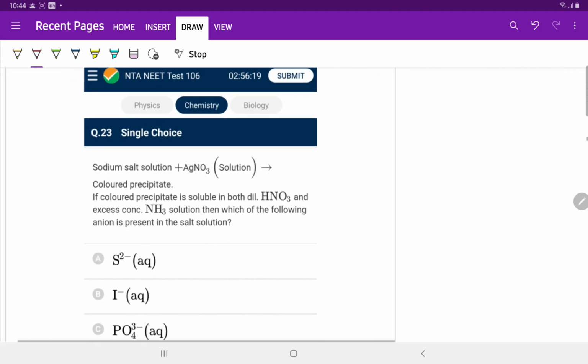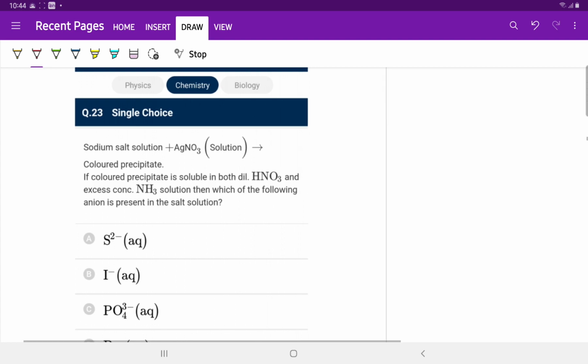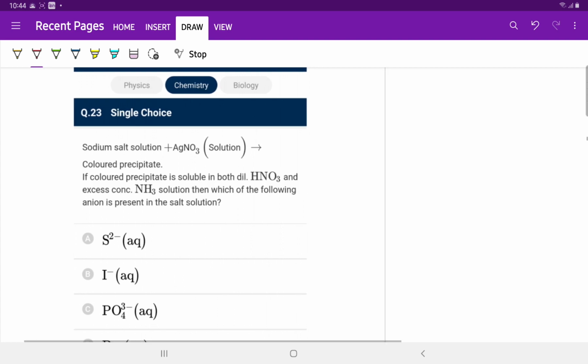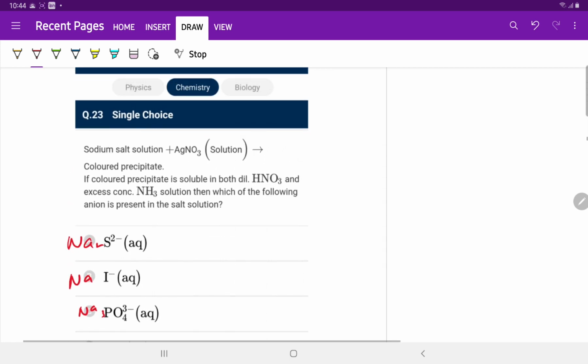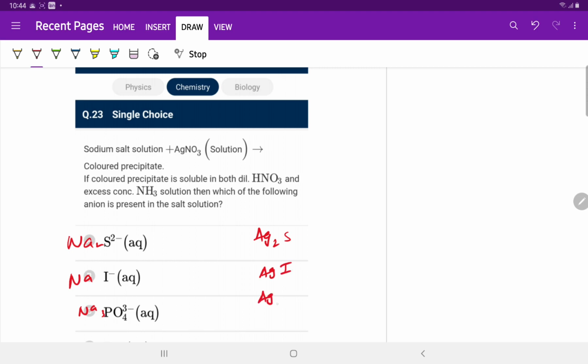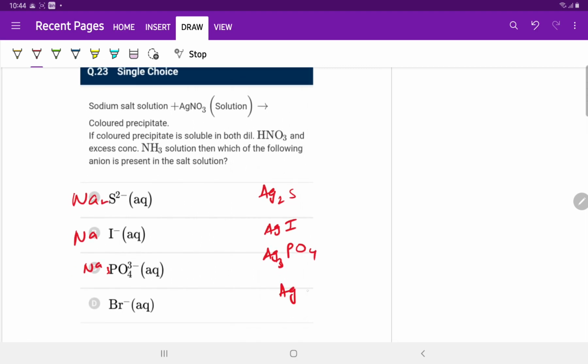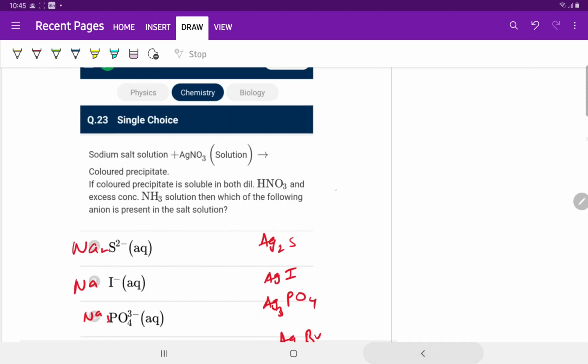For question number 23, a sodium salt solution reacts with AgNO3 solution to give a colored precipitate. Na2S, NaI, Na3PO4 and NaBr will form Ag2S, AgI, Ag3PO4 and AgBr.